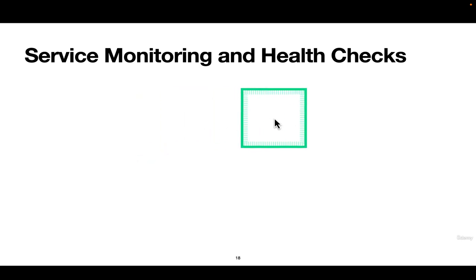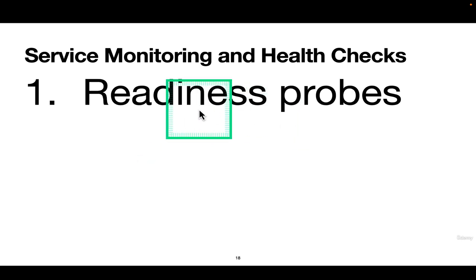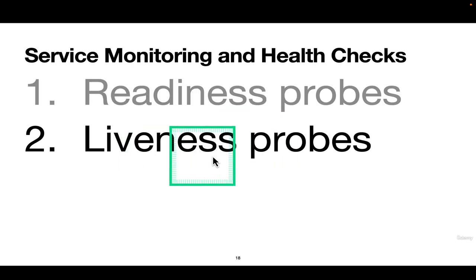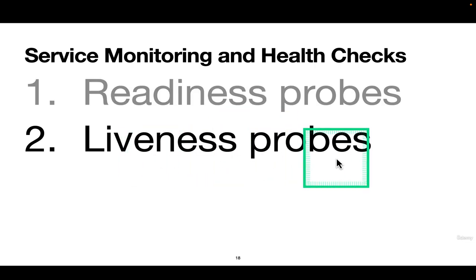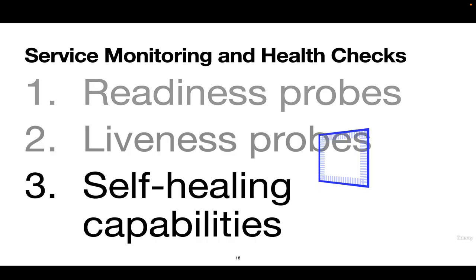Service monitoring and health checks. Readiness probes are used by Kubernetes services to determine if a pod is ready to receive traffic, ensuring that only healthy pods are included in the load balancing pool. Then you have liveness probe, which continuously monitors the health of a pod during its life cycle, detecting if the application becomes unresponsive or encounters any issues.